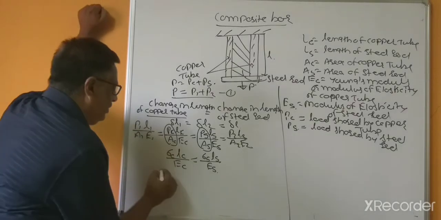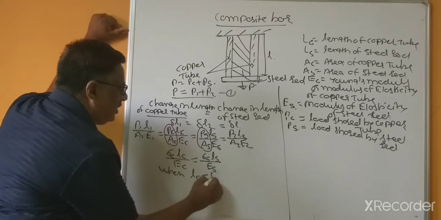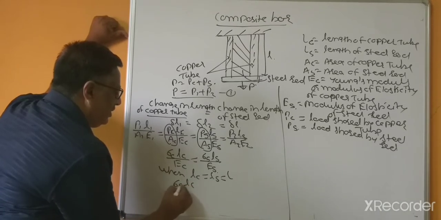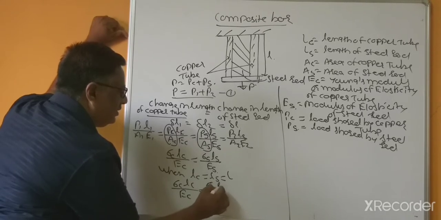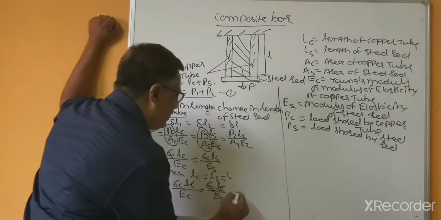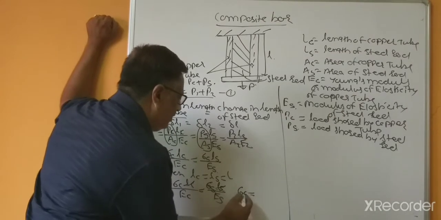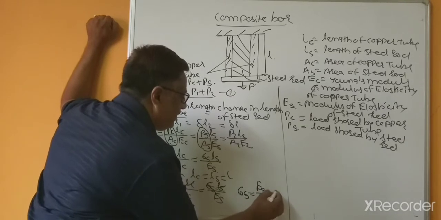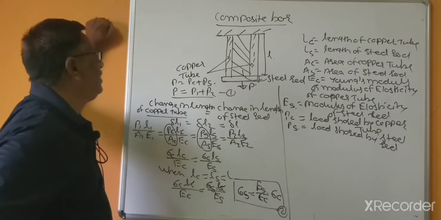Now if both lengths are the same, LC equals LS equals L, so LC cancels, and you get the relation sigma S equals ES divided by EC into sigma C. This is the second equation.